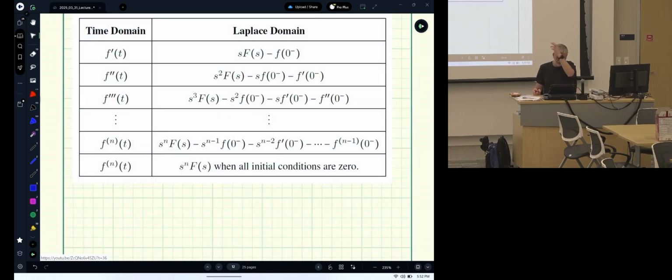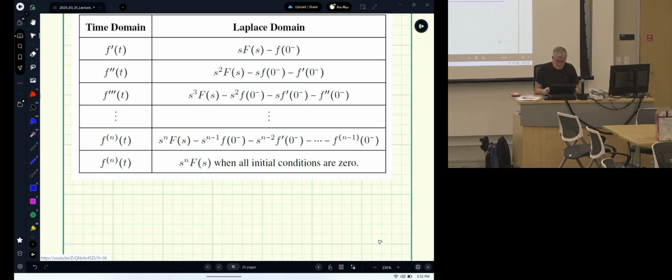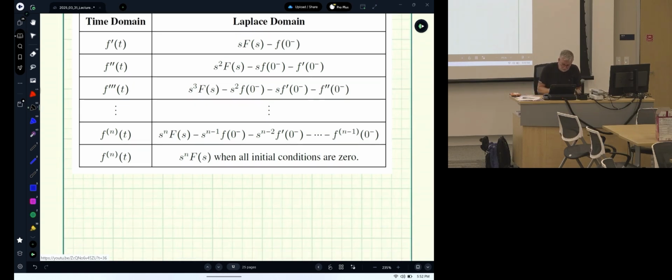Okay, so the first line is the one that we derived. Let's just check the second line, and then you'll see that all of them are just f double prime of t.